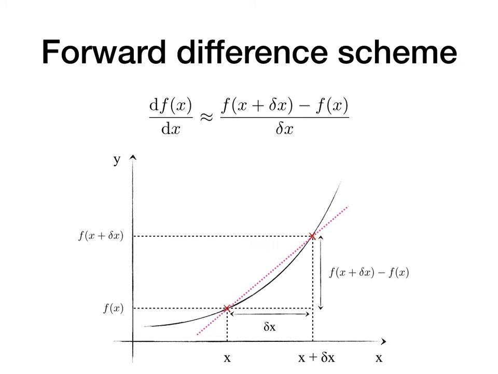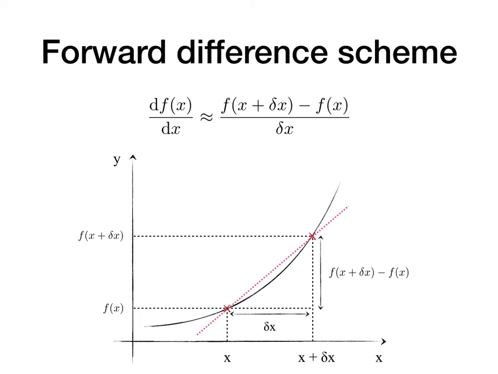What I'm describing here is called the forward difference scheme, which basically is a simple way of estimating the gradient of f of x. You just choose a small value delta x, and you find the function value at f of x plus delta x. Then you subtract the value at f of x and divide by delta x.